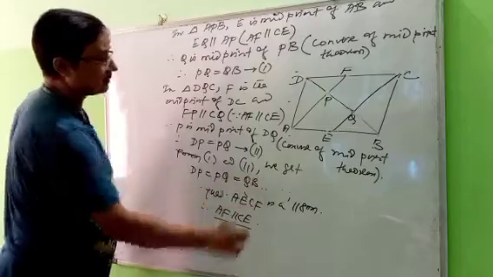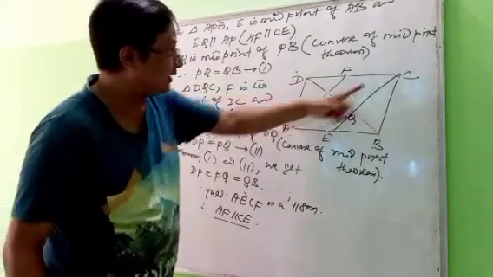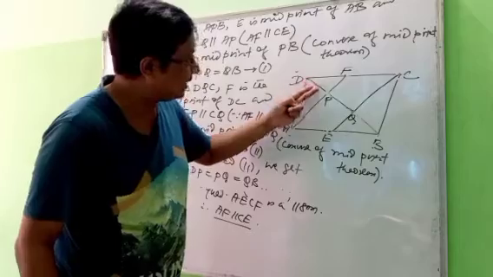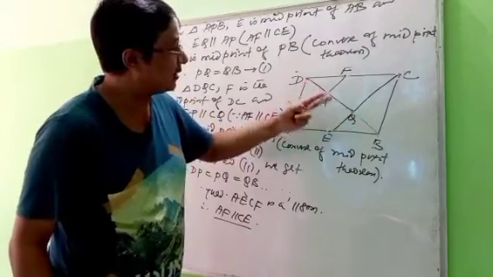That means the line segments AF and CE trisect the diagonal BD, dividing it into 3 equal parts.